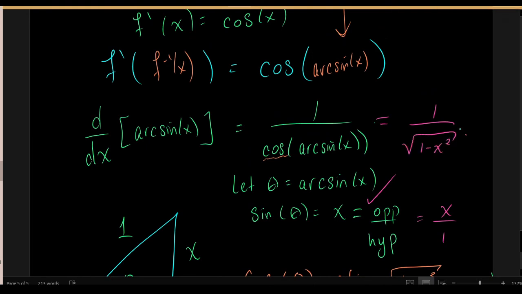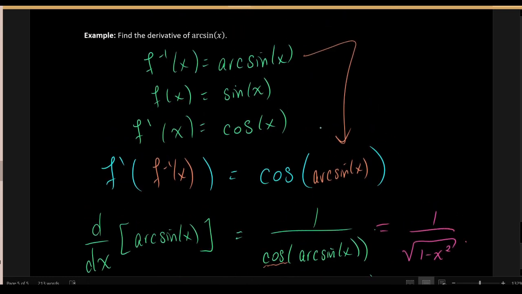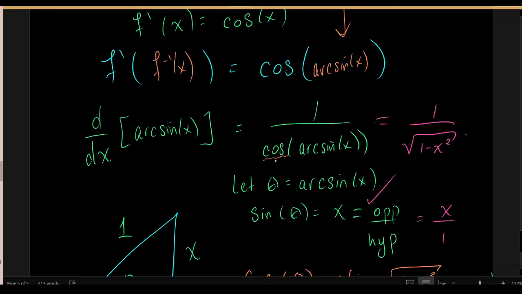So generally speaking, if you're trying to find the derivative of an inverse sine function or some other inverse trigonometric function, this is the process. You start out using the invertible function's derivative formula, and then the real trick is to try and simplify your result.